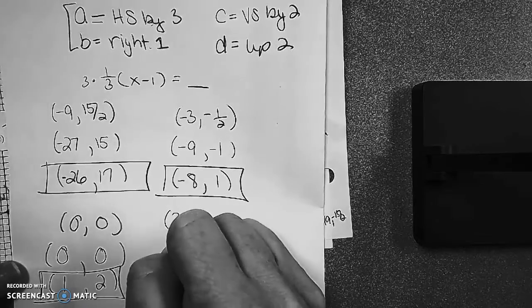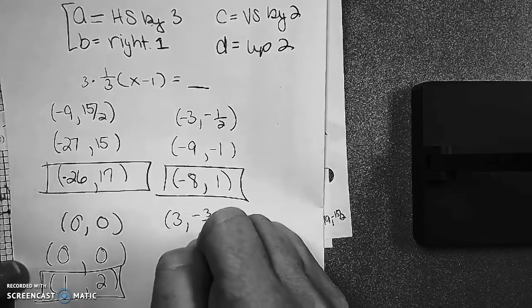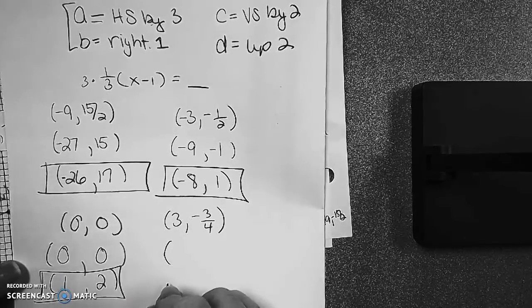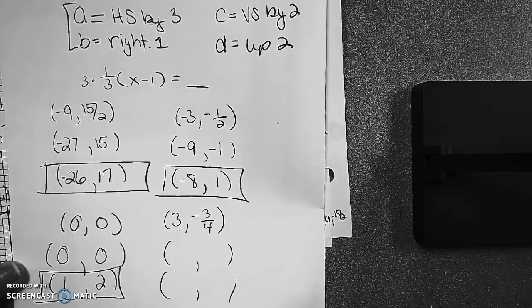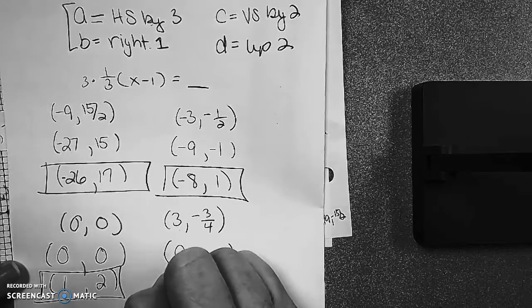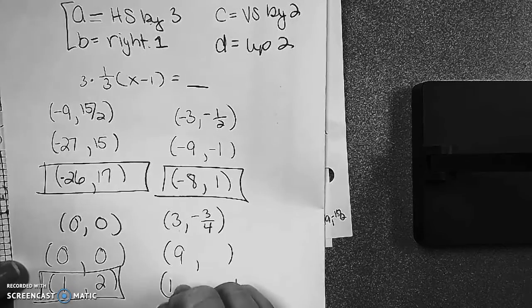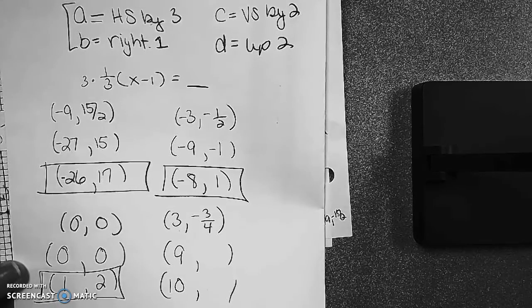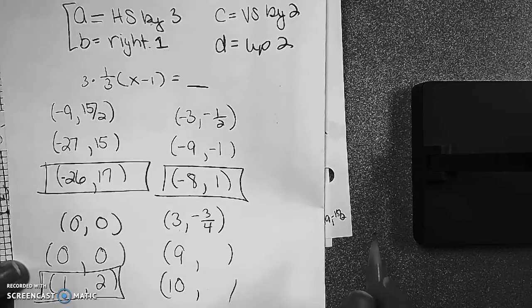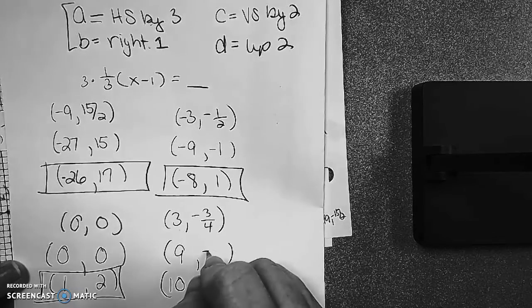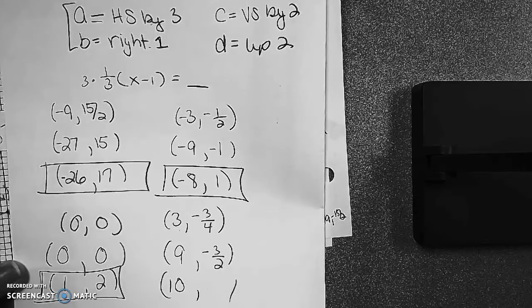And then I have the point 3 and -3/4. So I'm going to take 3. A horizontal stretch by 3 makes it 9. Right 1 would make it 10. Vertical stretch by 2, so I'm going to multiply my y value by 2, so -3/4 times 2 is -3/2.